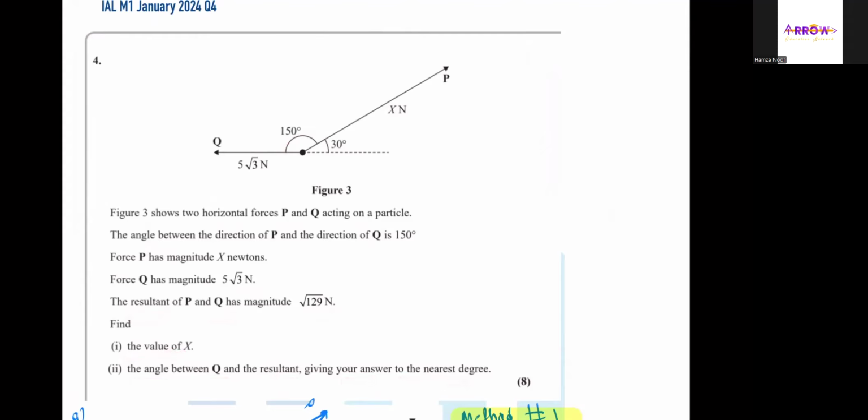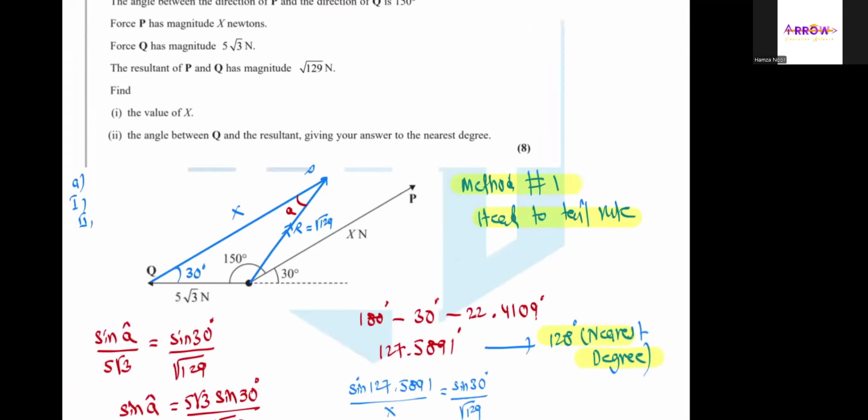First thing first, I use the head to tail rule, which is known as the nose to tail rule as well. The idea behind this is that when you have exactly two forces acting on a particle, you just pick up one force and place it on the head of the other force.